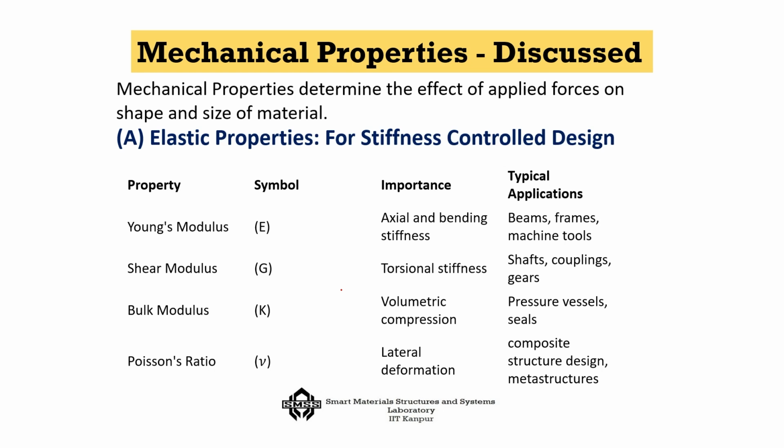In other words, I have first considered the stiffness or the deformation of the material, and towards that direction, if you remember, we have talked about the modulus of elasticity as Young's modulus, shear modulus, bulk modulus and Poisson's ratio as some of the very important factors. So, these are the material properties, and I also talked about the material index that you may consider. So, that is what we have discussed.